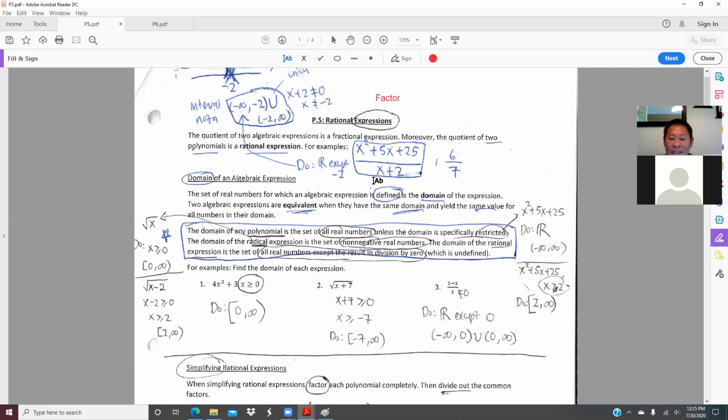What x number can you take? If your x can be 5, which is good. However, in this case, if you have this rational expression, you find out that your x cannot be -2. So does anyone here know why in this example x cannot be -2?